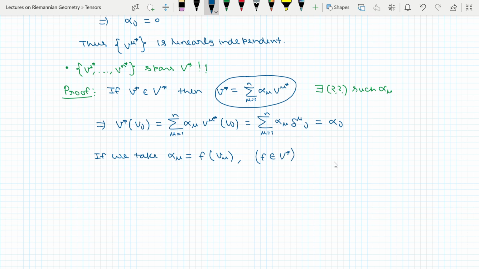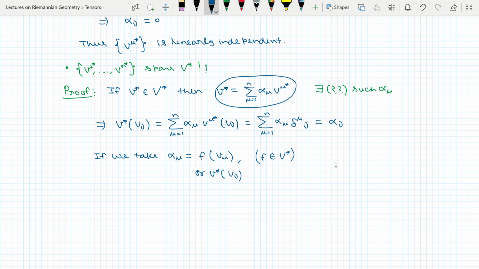Please don't be confused by the notation. Just to write it simply, I have used f for the elements of V star. You can also simply write V star of V nu.